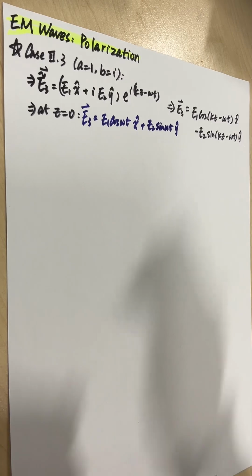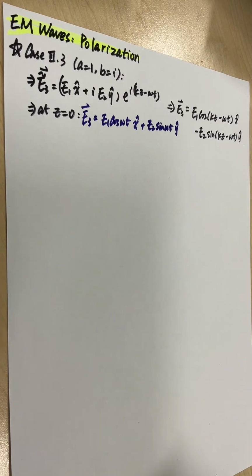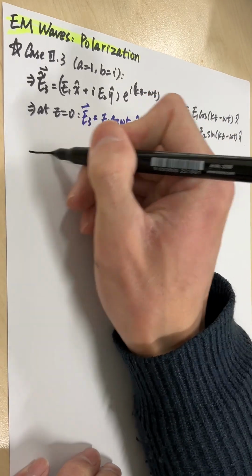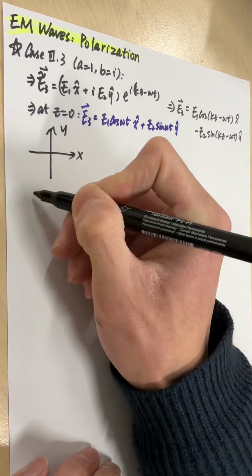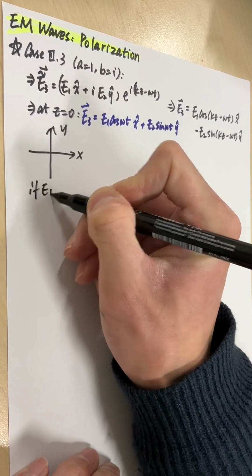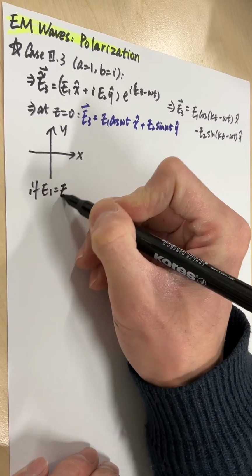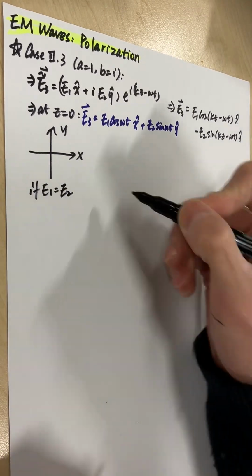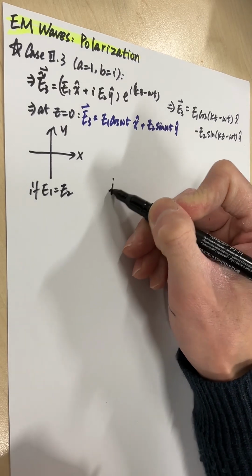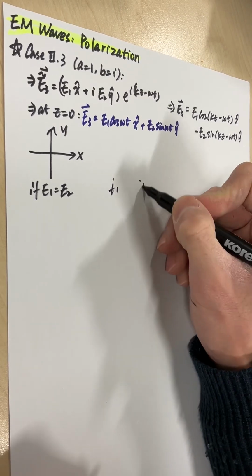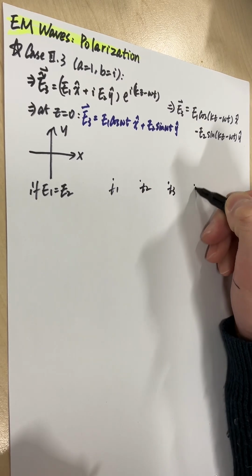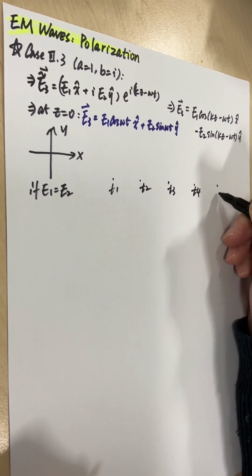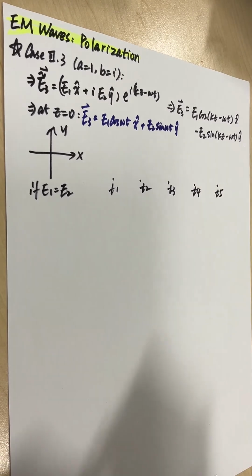Okay, so what does this polarization look like? So I have x, y, and also if E1 equals E2, then we observe at T1, T2, T3, T4, and T5.